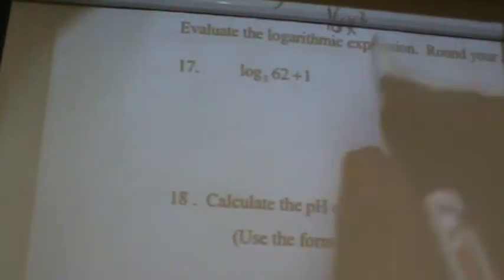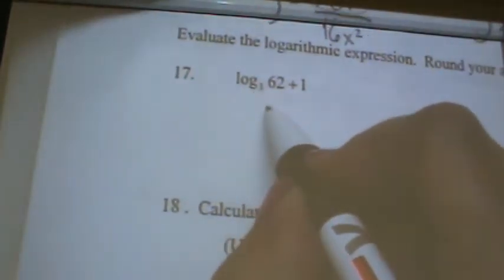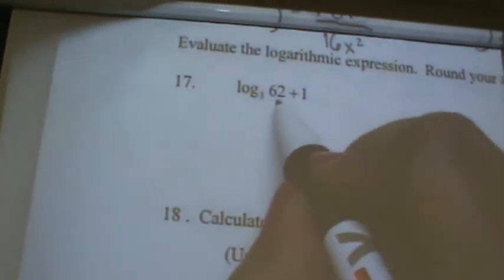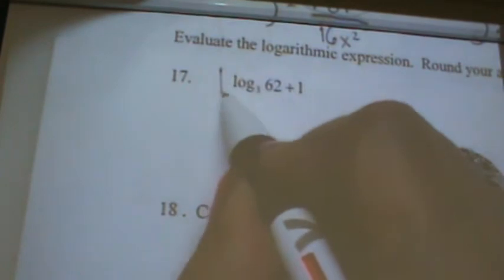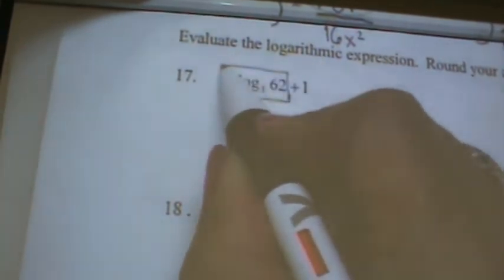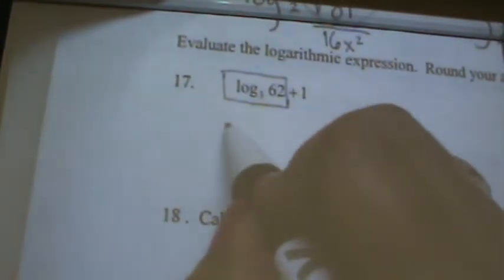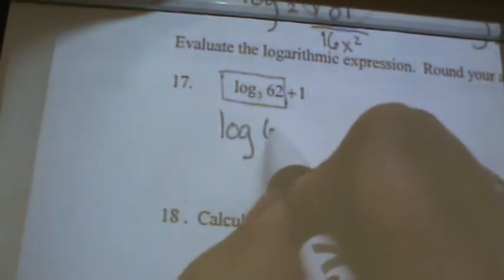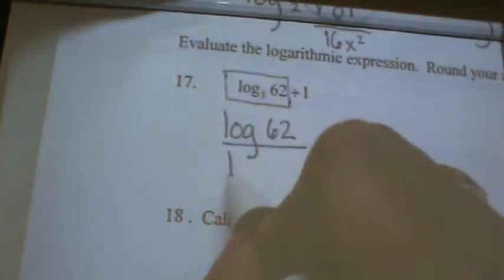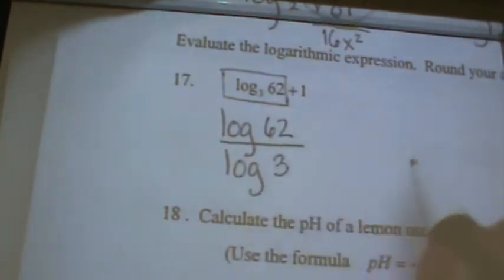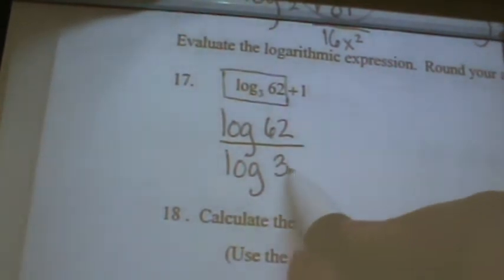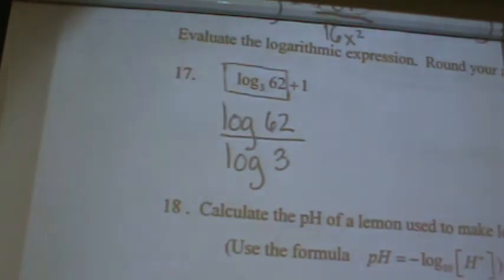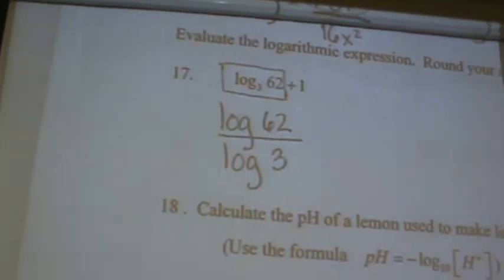Number 17. What do you do when you have a calculator sitting in front of you and you have these two numbers right here? How do I evaluate log of 62 base 3? Well, if you have the old calculator, you're going to type in log of 62 divided by log of 3. And if you had the Inspire, Danielle, can I use yours?